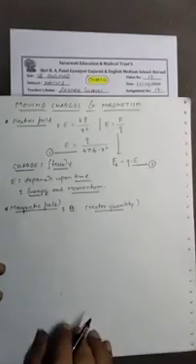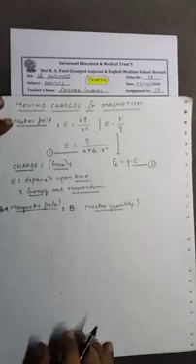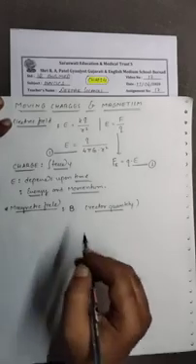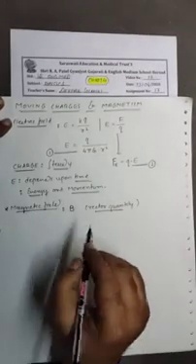So electric field is symbolized as E and magnetic field is symbolized as B. Okay, so let us see.